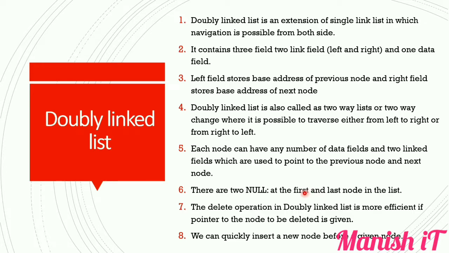Now we are going to discuss the operations of a doubly linked list: how to create a node and how to add at the end. Here we have to declare some global variables within our program that are applicable for every function. The global declaration is a struct node, and within the struct node we have to declare the data part as well as the link part. In a singly linked list there is one link part, and here we have two link parts, so we need two pointers, a left pointer as well as a right pointer.